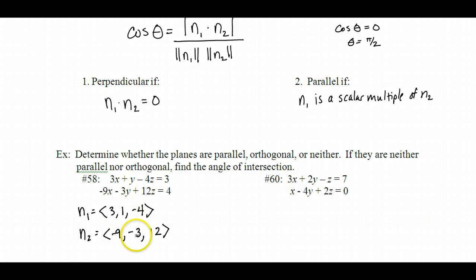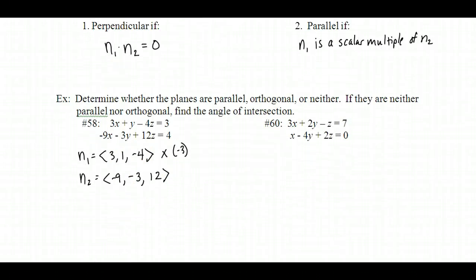If I multiply by negative 3, I end up there. If I multiply by negative 3, I end up at 12. Therefore, if we multiply by a negative 3, we know that these two things are equal to each other, or that the scalar here is a negative 3. Therefore, these two planes are parallel.